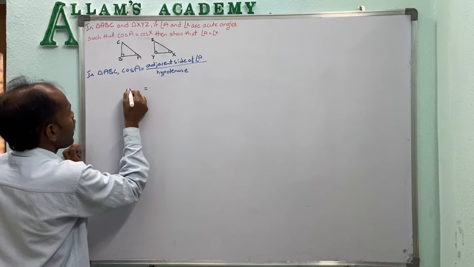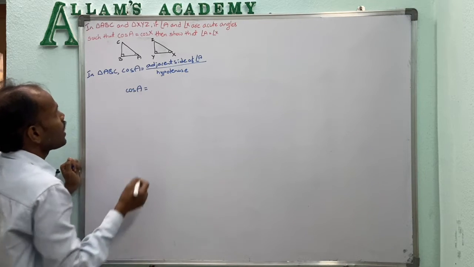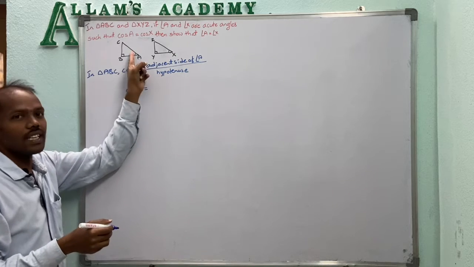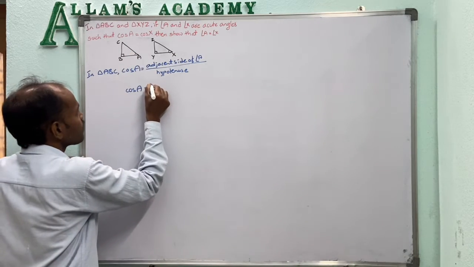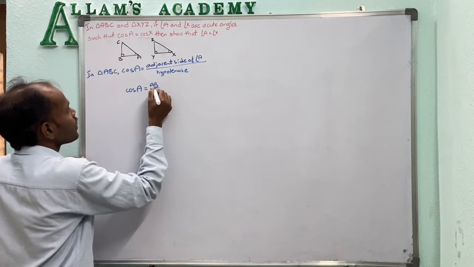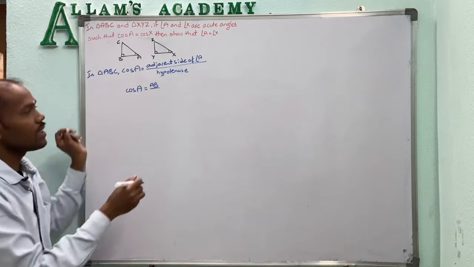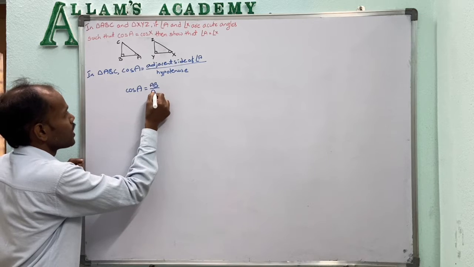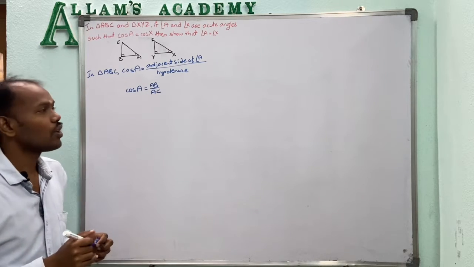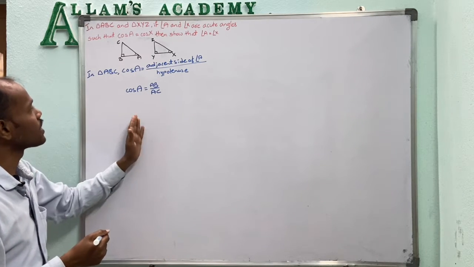So cos A equal to, adjacent side of angle A is AB and hypotenuse is AC. So AB by AC. Okay, AB by AC.